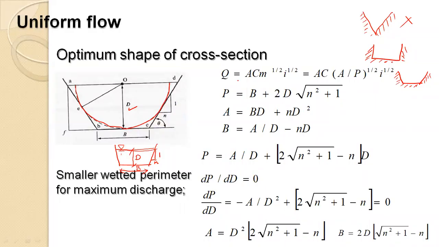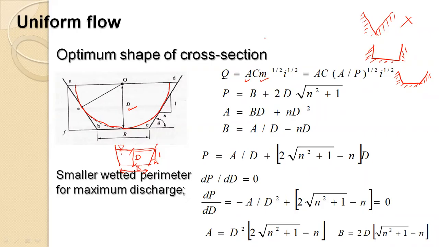Right. So here what I'm going to do is use Chezy's formula, and write the discharge along this channel by taking the product between the flow area and the velocity from Chezy's formula.